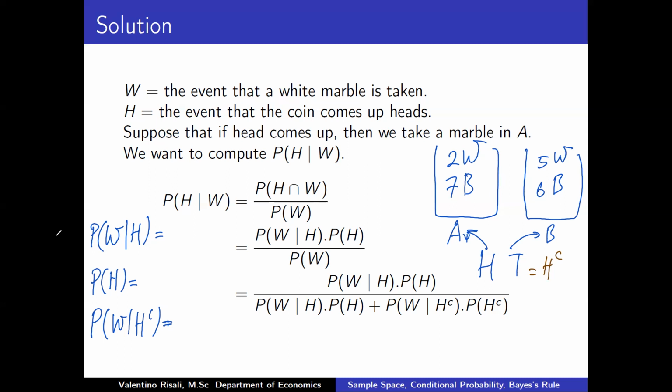What is the probability of white if we know that H has come up?